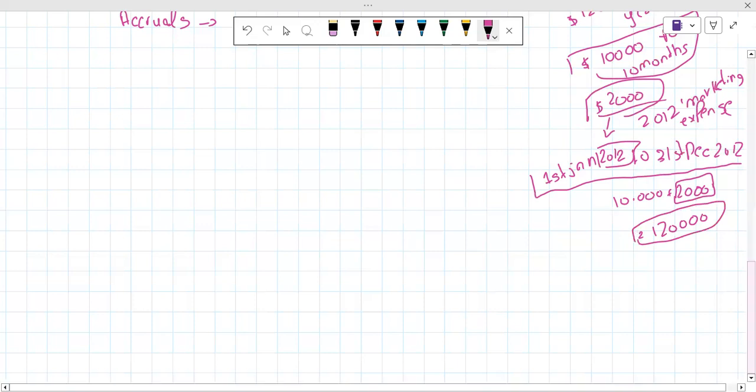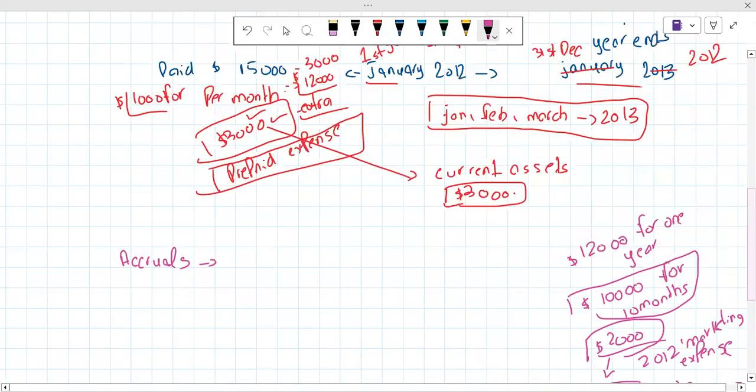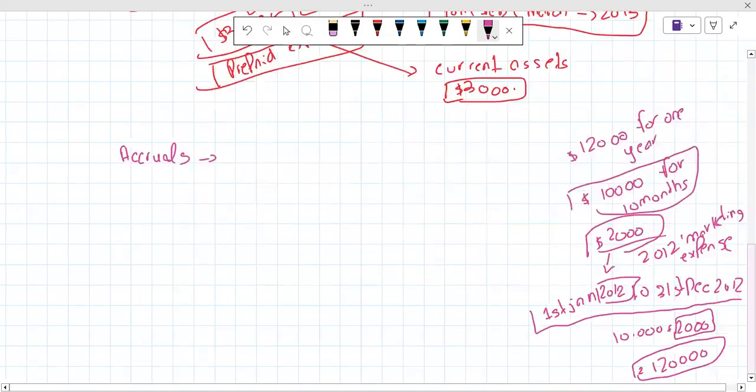Okay, so this is how it is. Accruals are basically the expenses incurred but not yet paid. Like we have used the services from the marketing agency, but we didn't pay for it yet. But this has to be related to that specific year, 2012, because we used their services in 2012.